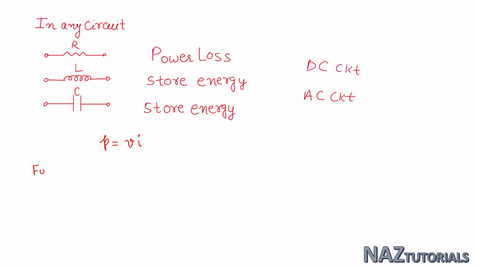For a DC circuit, this power loss is V into I, where V is the voltage across the resistor and I is the current flowing through the resistor.